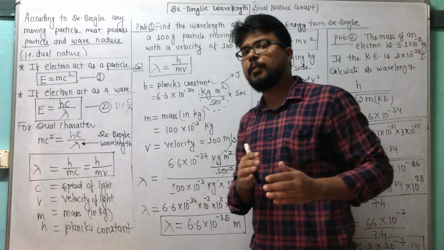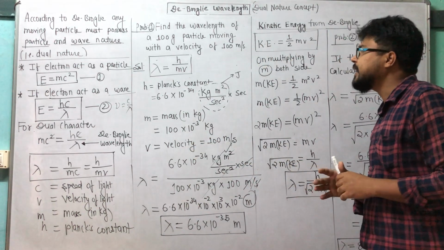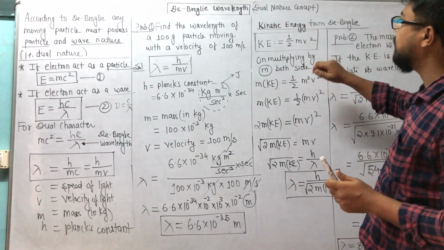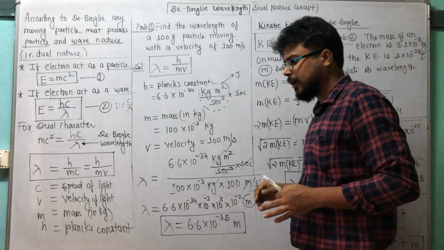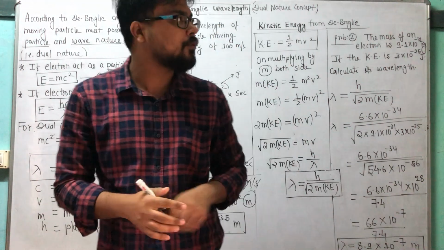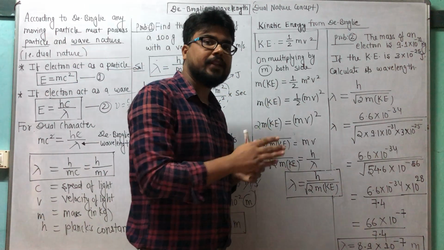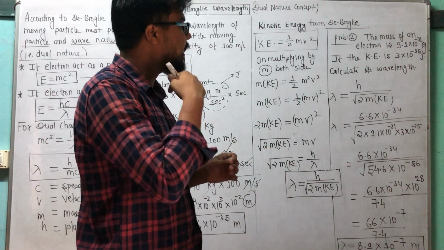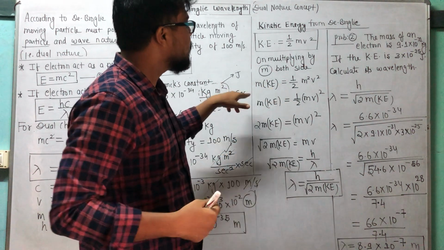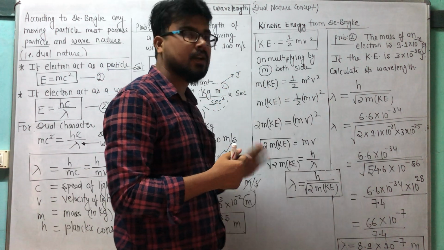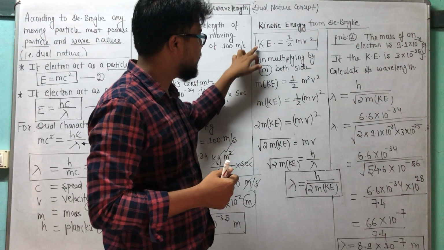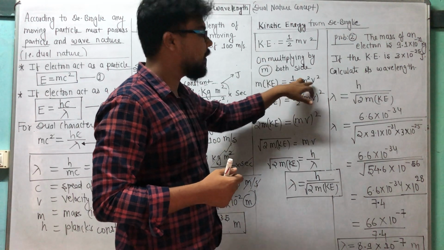One more concept that I can derive with the help of De-Broglie wavelength is kinetic energy. We know, students, kinetic energy equal to half mv square, correct? How can I change this equation with the help of De-Broglie wavelength? When I multiply m on both sides, it becomes m KE equal to half m square v square.